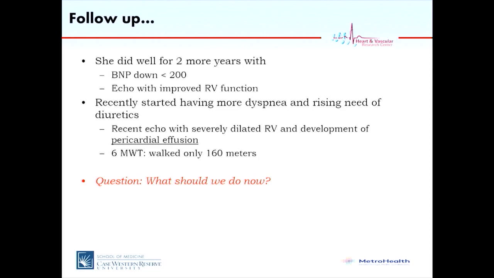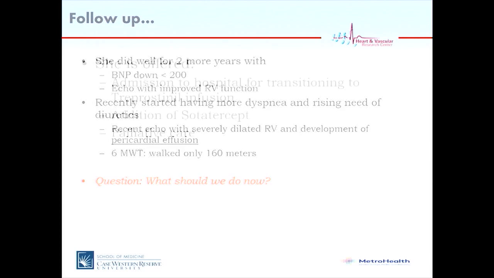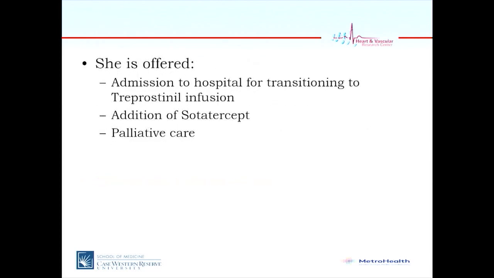This is the point where the problem no longer is the pulmonary arterial hypertension, and rather it's the end-stage RV failure. So she was offered admission to the hospital to transition her to infusion treprostinil, which she had refused in the past, or adding sotatercept, which just got approved, or consider palliative therapy.